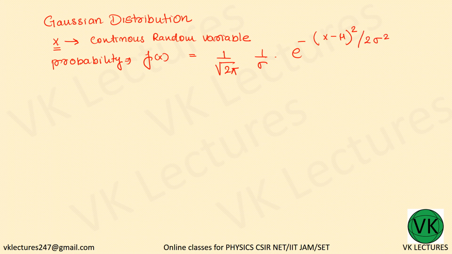So this is the corresponding probability for x, the continuous variable, where sigma is the standard deviation and mu is the mean value.